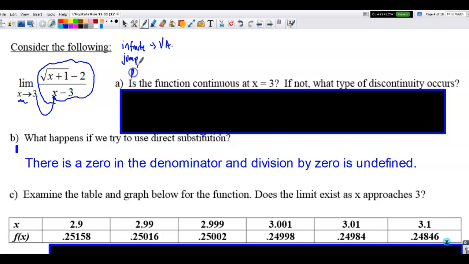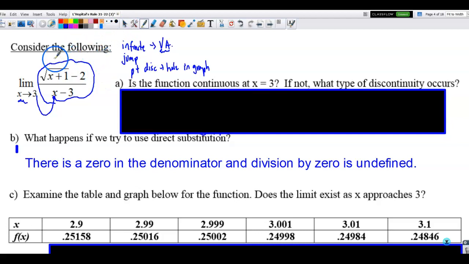And we can have a point discontinuity, which manifests itself as a hole in the graph. So the fact that if I substitute 3 into my denominator I get 0, my first suspicion would be that we might have a vertical asymptote here, but I'm not 100% sure, because I can algebraically manipulate this expression to possibly remove the discontinuity.